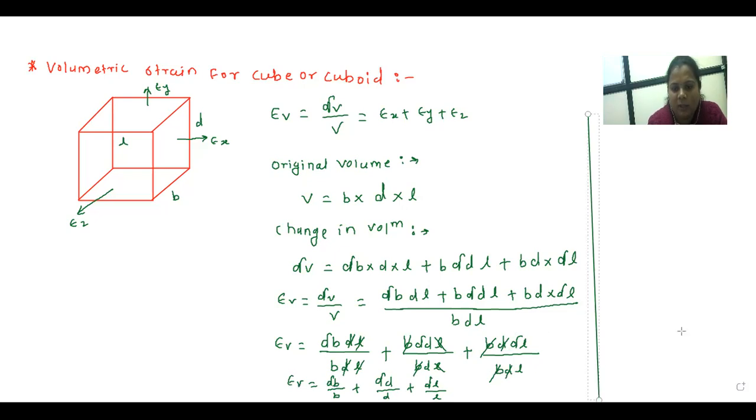Now you tell me, del B upon B means what? Del B upon B means change in width to original width.